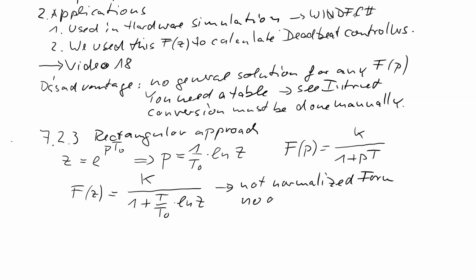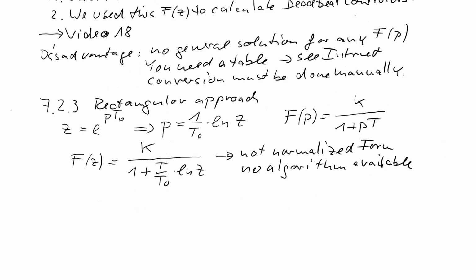No algorithm available. You cannot program it. So we need one step more, and the trick is now: the logarithmic function cannot be programmed, but I can find an approximation for the logarithmic function.